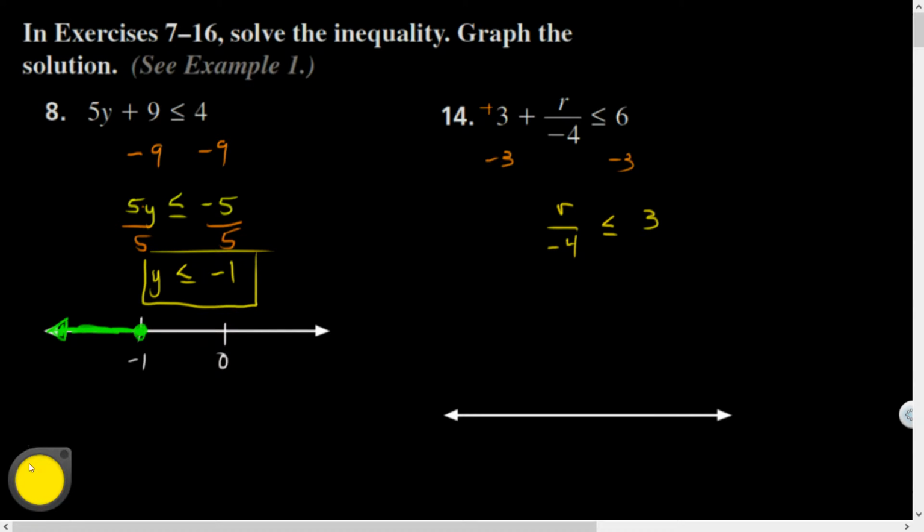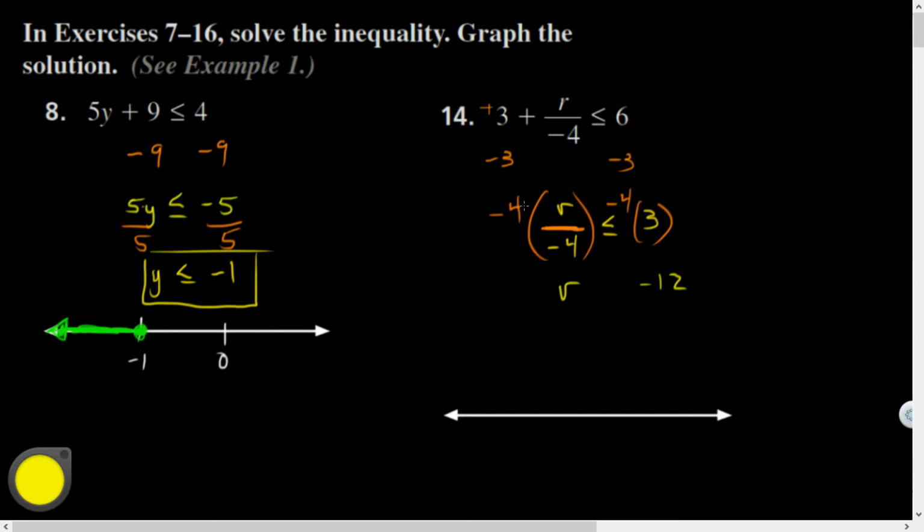All right, so now what do you think we should do? Right, since this was division, the inverse operation is multiplication. So multiply both sides by negative 4. And wait, we just said multiply by a negative.